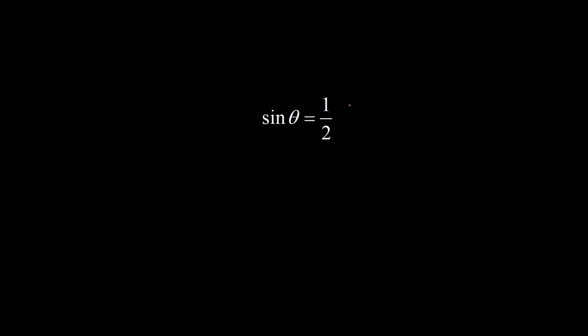So what does this mean? Well, let's take something: sine of theta equals 1/2. Now, if you've been memorizing those tables of important angles, you should already know what theta is here. Sine of what angle gets you 1/2? Now, to solve this mathematically, we would actually take the inverse sine of both sides.